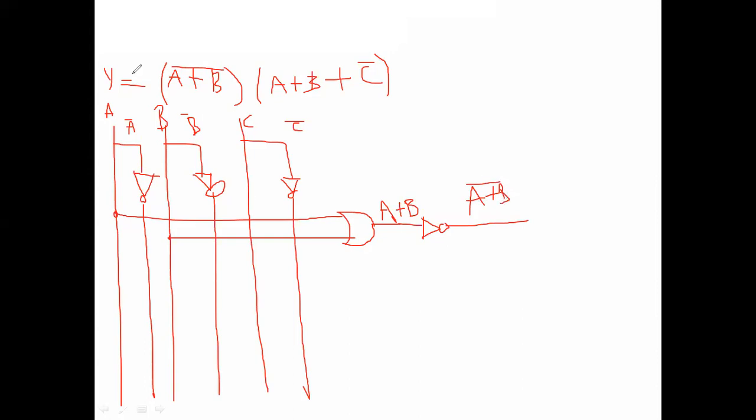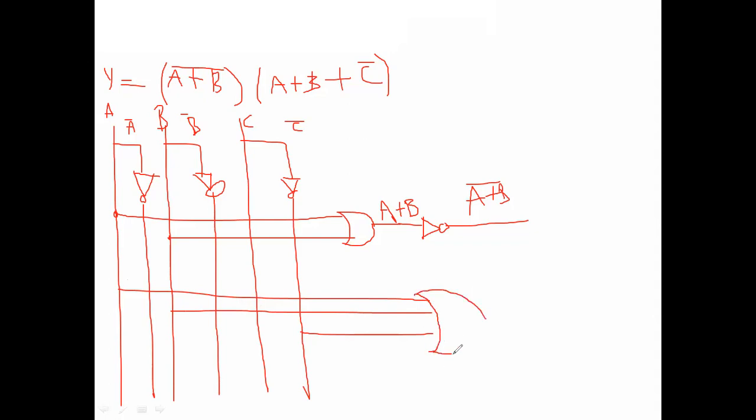Now, what is the second term? A plus B plus C bar. So from here, A, B, three inputs are there, A, B, C bar. Where is C bar? C bar is this. A plus B plus C bar. Plus is there. So which gate is used? OR gate. What is this line?